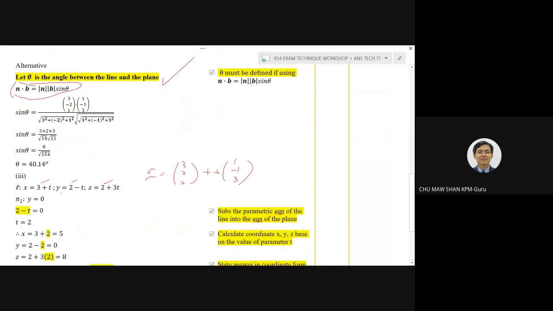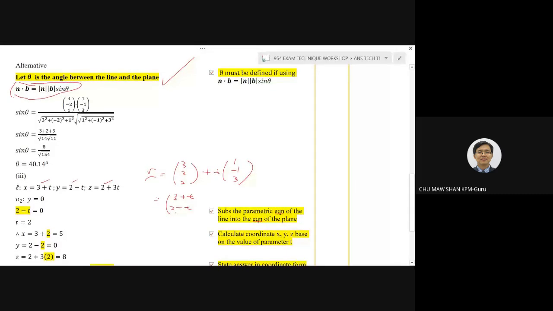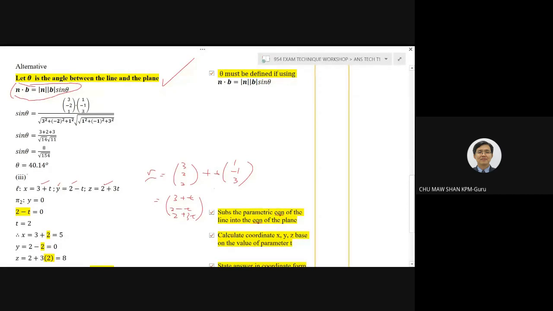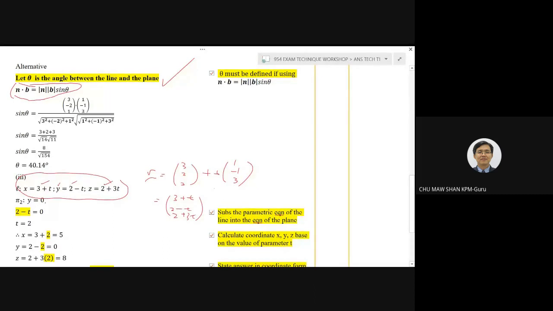So you can just substitute the whole thing. There are two ways. Either this form or this form. This one is a parametric form, so you substitute your parametric form into the plane.